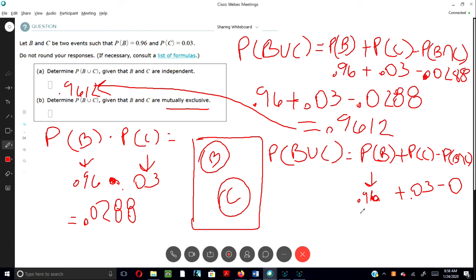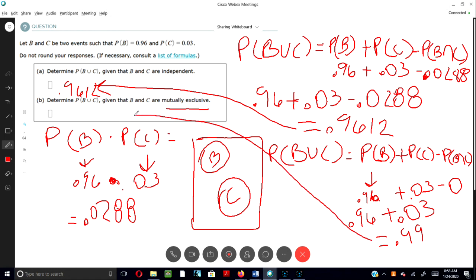Okay, so the only thing we would do here is add 0.96 plus 0.03, and that gives us 0.99. And so for B, our answer is 0.99. Okay, that's it for that problem.